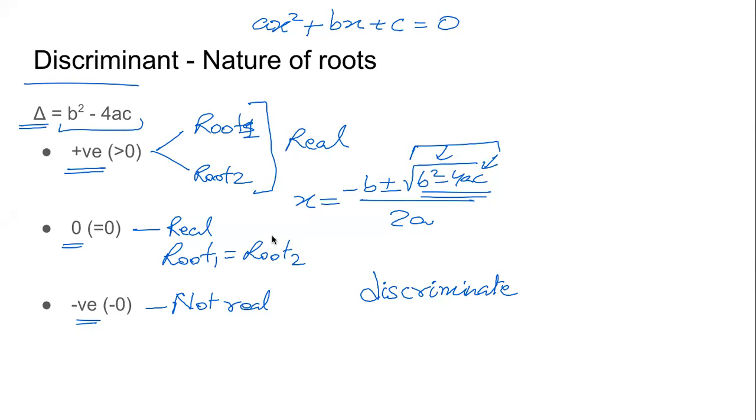It differentiates one equation from another. If it is positive, the equation will have two real distinct roots. If the discriminant is 0, the equation will have real but same roots. If the discriminant is negative, the equation will have roots which are not real.